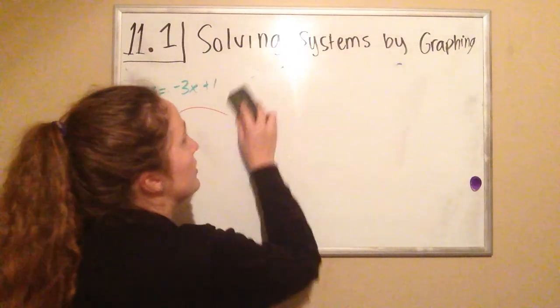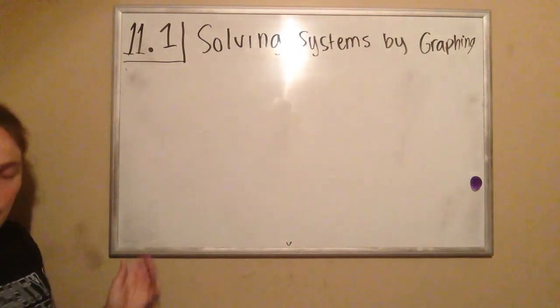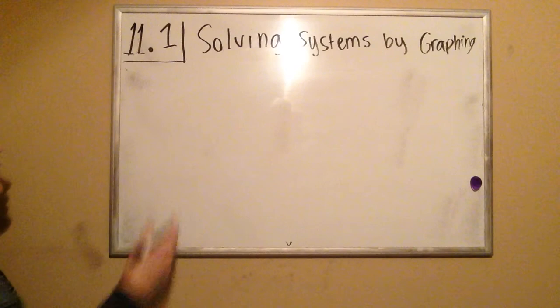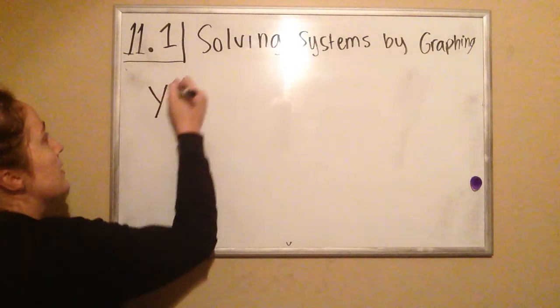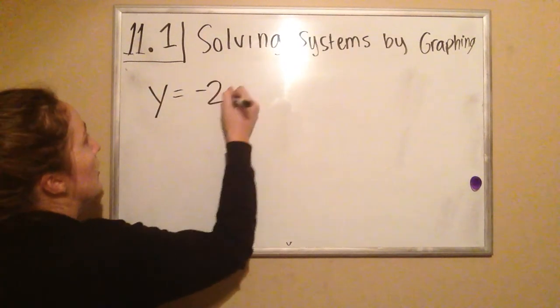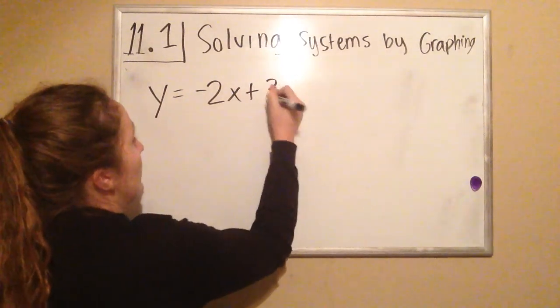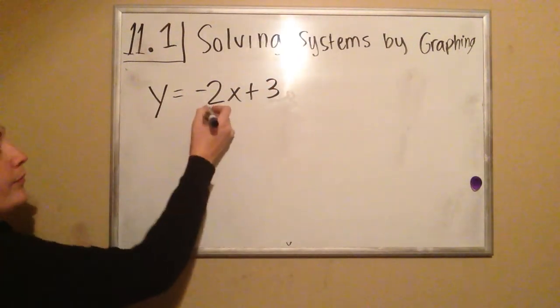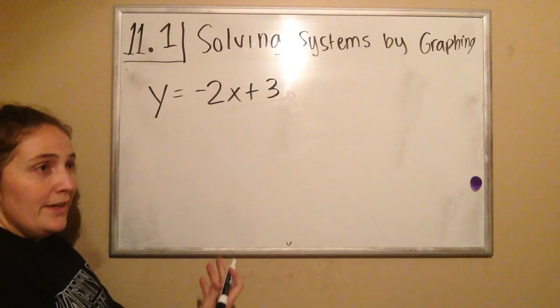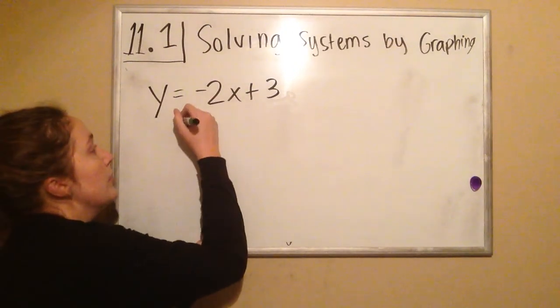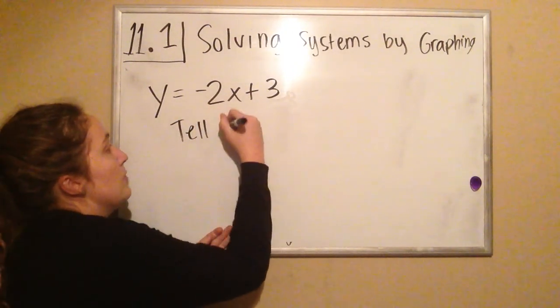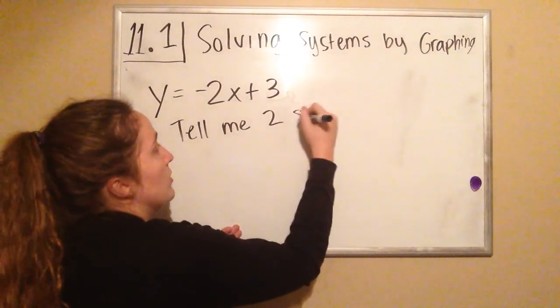And I'm going to ask you to do 2 things for me right now before we move on. On the left-hand side, for this graph, I would like you to graph it, and then I want you to tell me or identify 2 solutions.